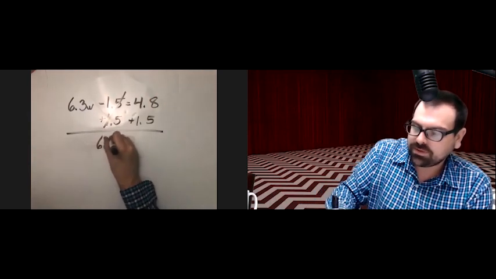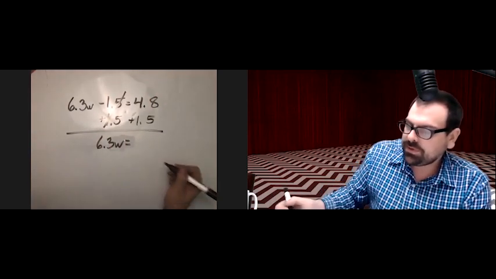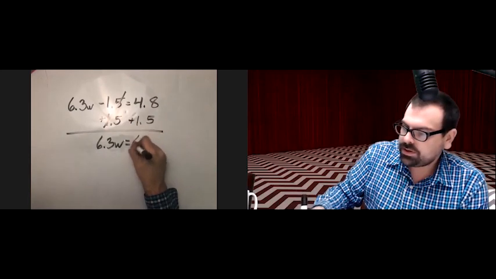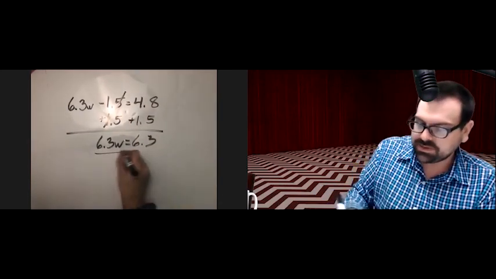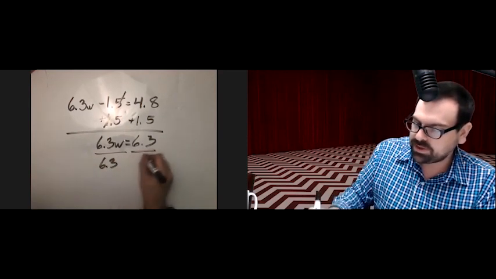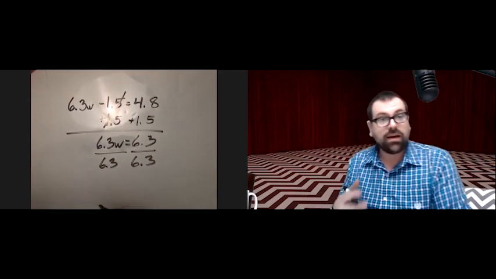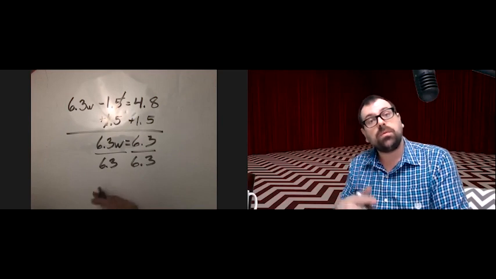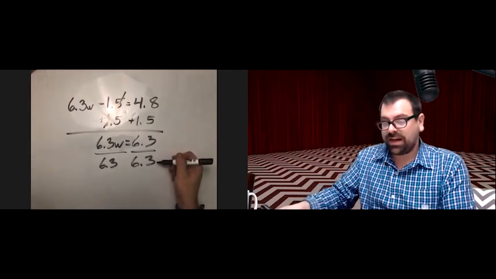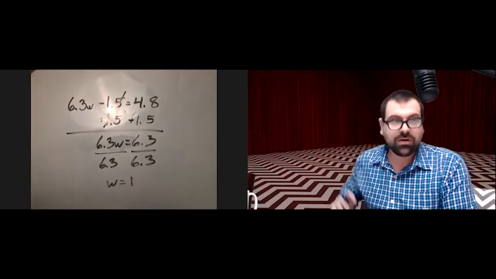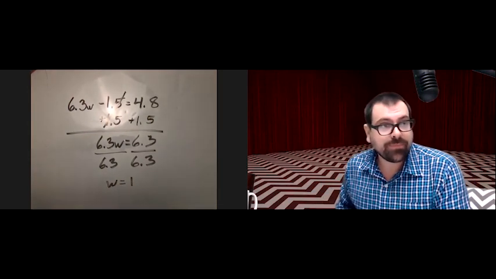That's 6.3w equals 6.3. And we lucked out here because if we divide both sides by 6.3, instead of being a difficult decimal problem where we're dividing by 6.3, we end up with something divided by itself and we get 1.